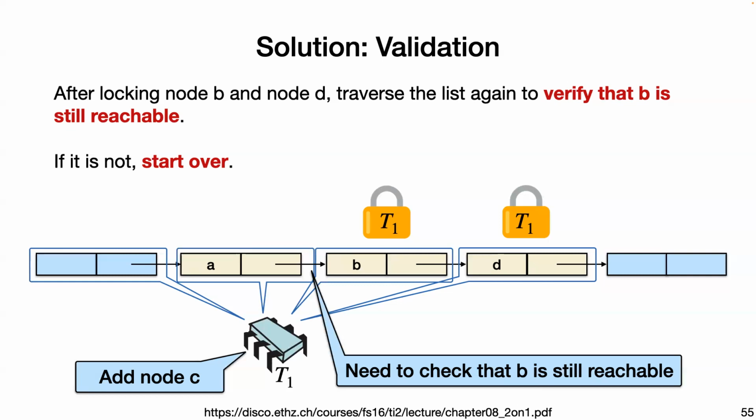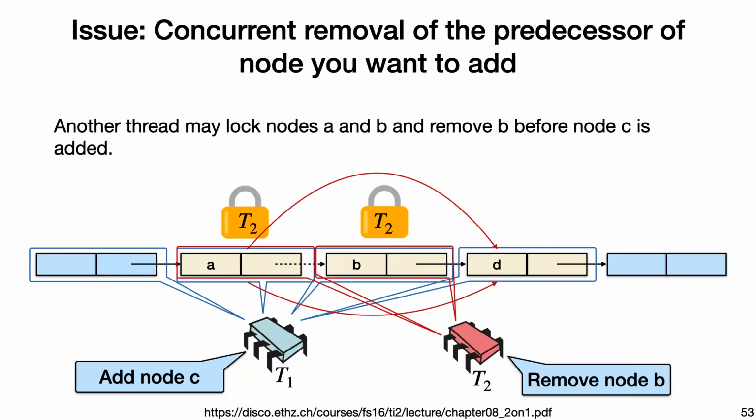Only when you have grabbed the locks on the nodes that you want to add this thing between. For example, before thread 2 calls next on B, B is deleted by thread 1.